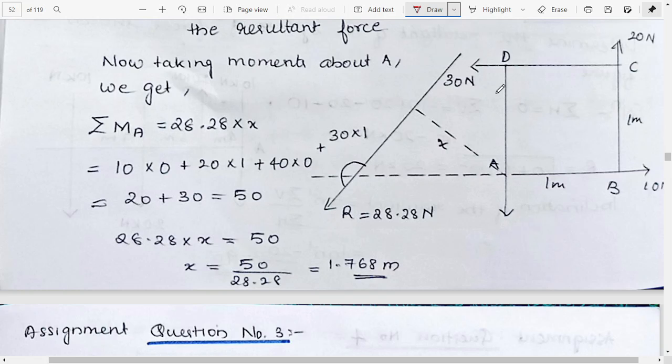And we have 30 into 1, because the 30 newton force in the horizontal direction is perpendicular to A by a distance of 1 meter. Totally we get a value of 50. Now we can find x by using this equation again, and we get x equal to 1.768 meters. It's a little bit confusing, but if you practice well, you can ace it.